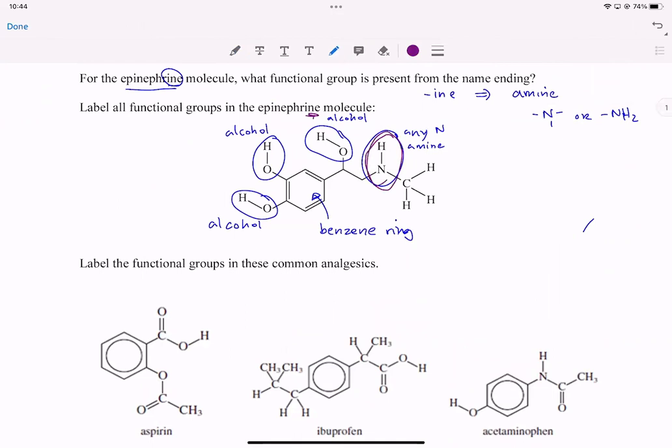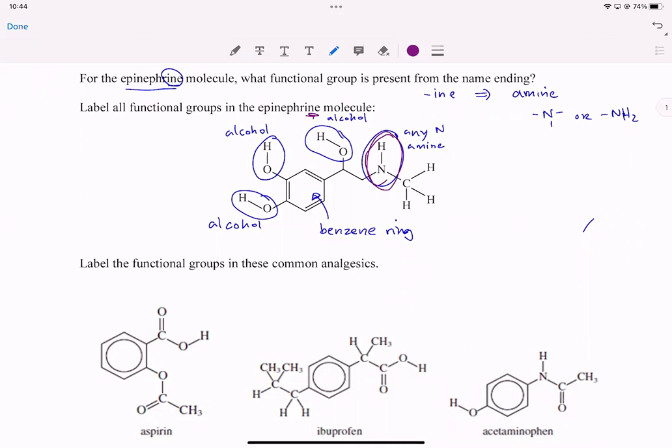The amine is what makes this epinephrine, which is part of the fight or flight response in your human body. Adrenaline, epinephrine, they both end in ine, and that nitrogen is what allows for this to have a function that leads to that physiological response of fight or flight.